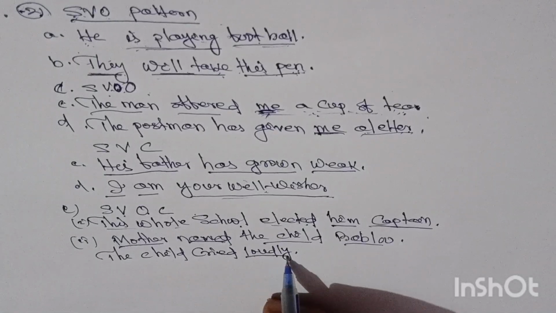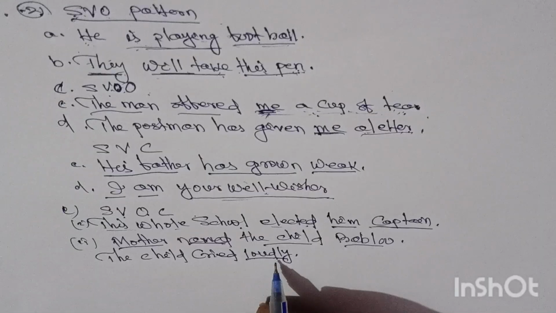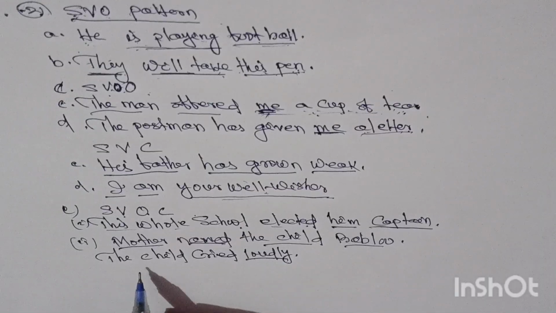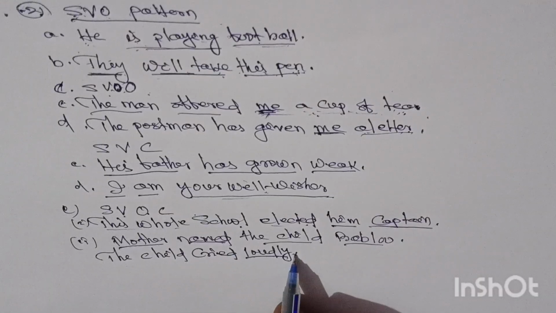Here loudly is the adjunct. An adjunct is a word used in a simple sentence to convey extra information. So in that sentence, the subject is the child, cried is the verb, loudly is the adjunct.